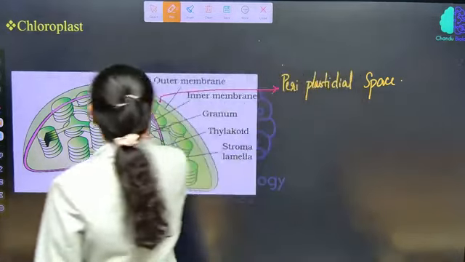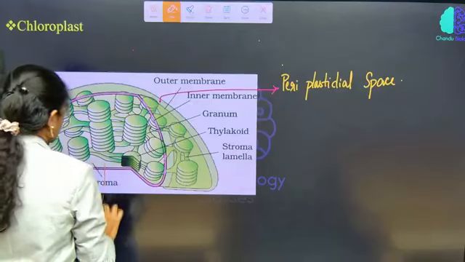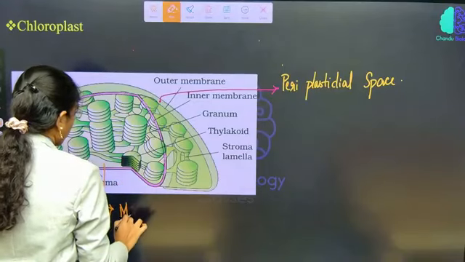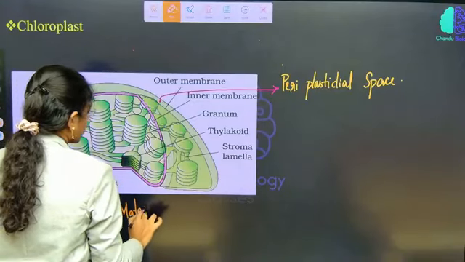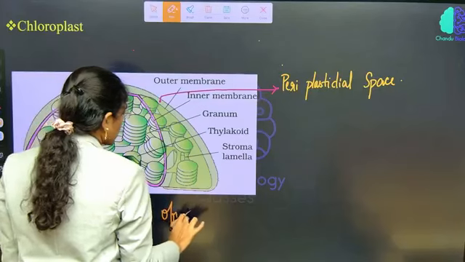And inside the chloroplast, the matrix of the chloroplast is the stroma.